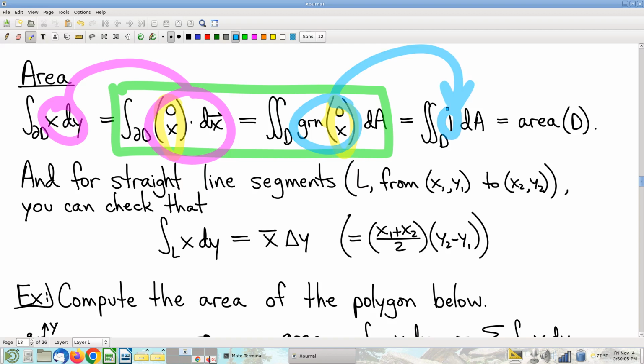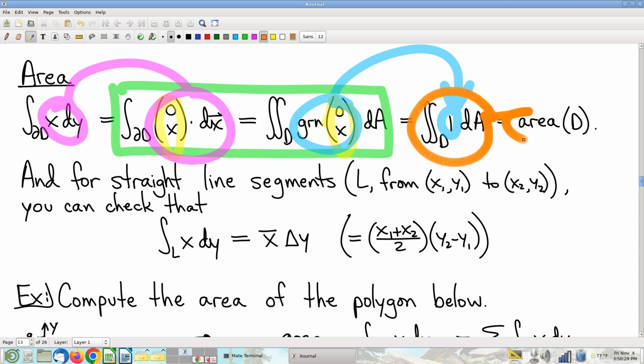So, how about that? Okay, on the right-hand side, we can compute this Green's operator. It's just 1. Right? x partial of the second component is 1, minus the y partial of the first component, clearly 0. So 1. And that's what's nice about this vector field. That's why we're interested in this special vector field 0, x. Green's operator is exactly 1, which then allows us to compute this integral easily.